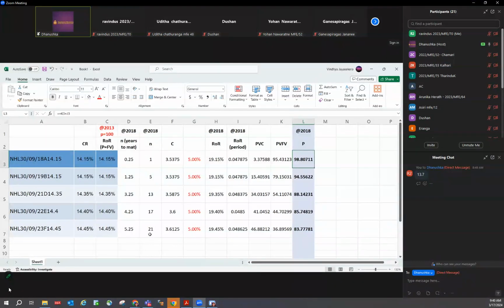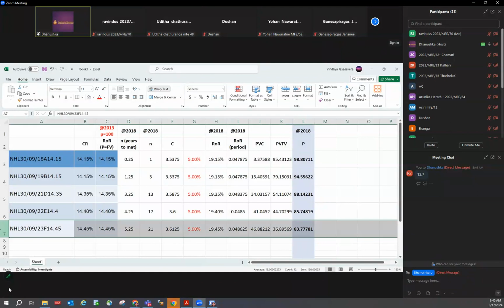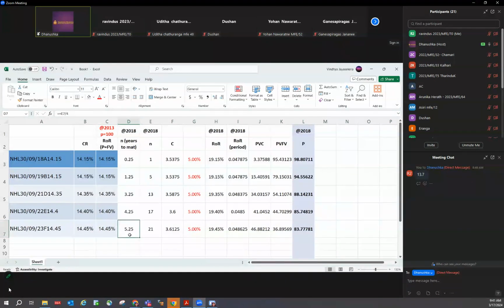But this last bond, this 10-year bond, which is now a 5-year bond, is only worth 83 rupees.